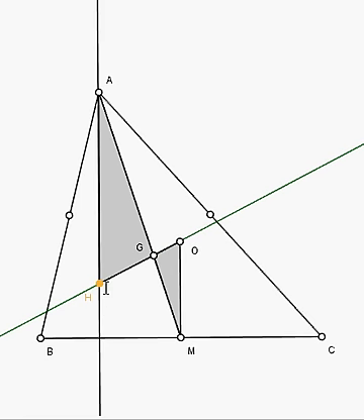So using SAS similarity, triangles HAG and OMG are similar triangles, which means that we have two equal corresponding angles, OGM and HGA.